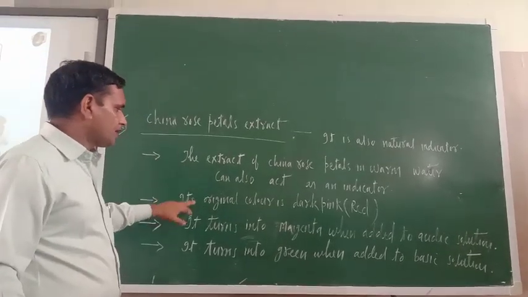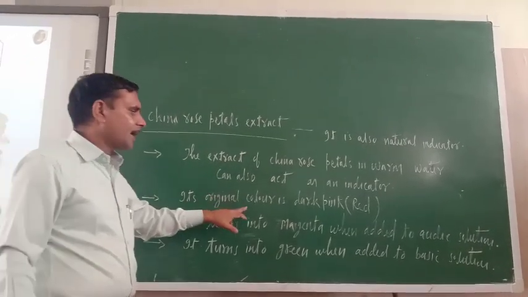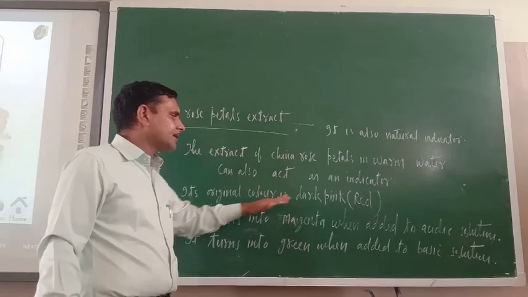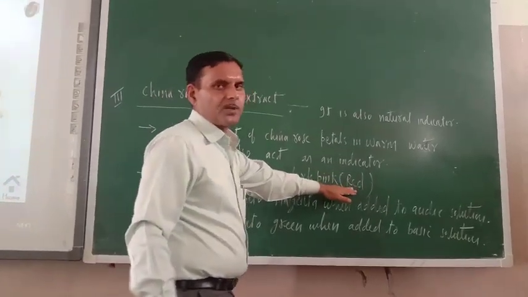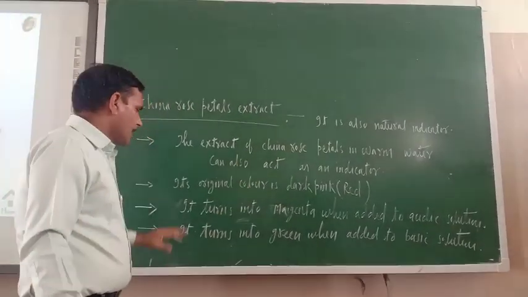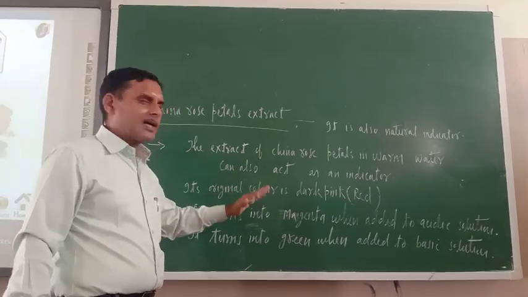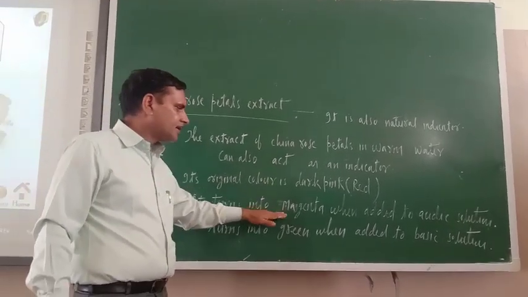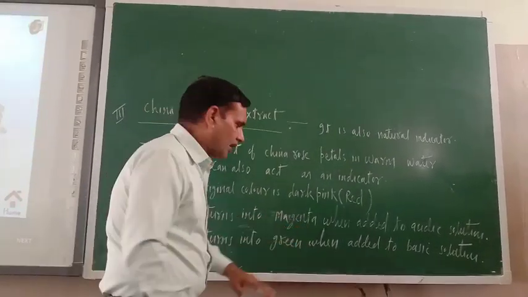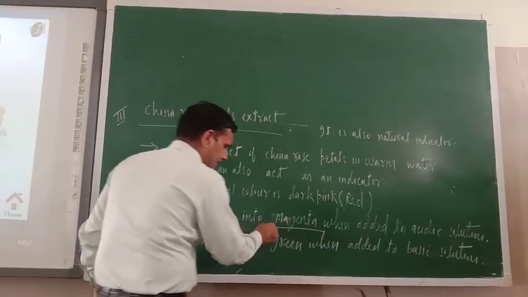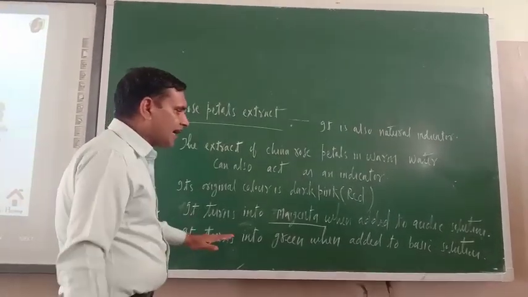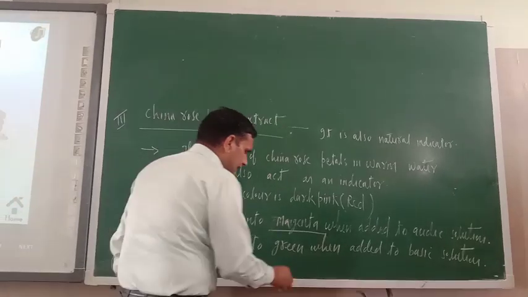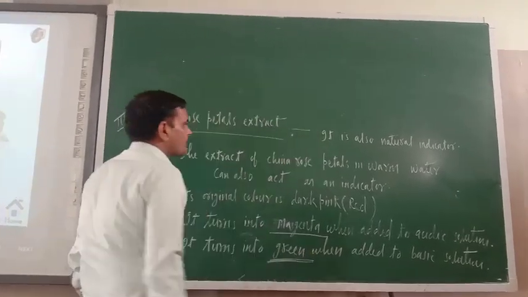The original color of the China rose petals extract is dark pink or red. You can say red only. Now when it is added to an acidic solution, it turns magenta. What is this? Magenta color. And when it is added to a basic solution, it turns green.